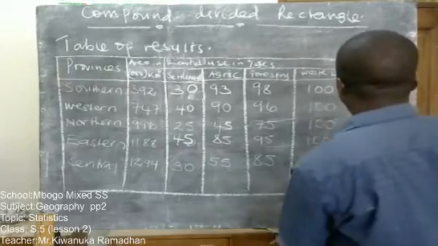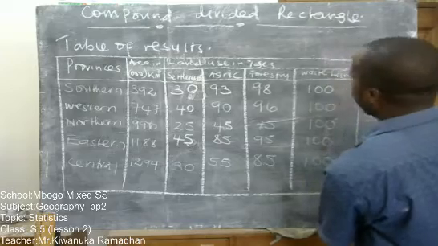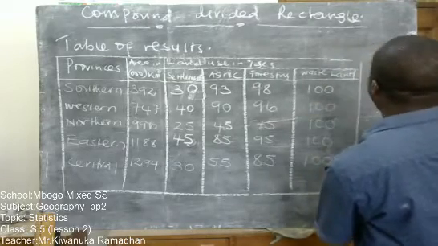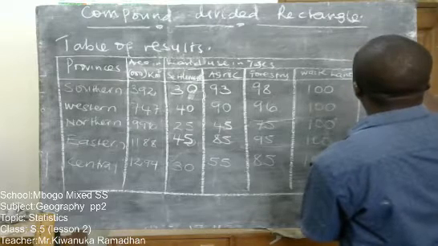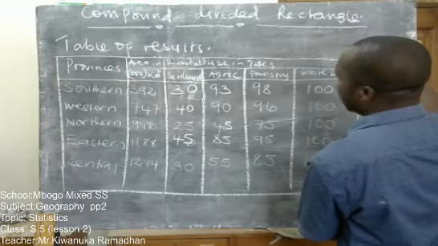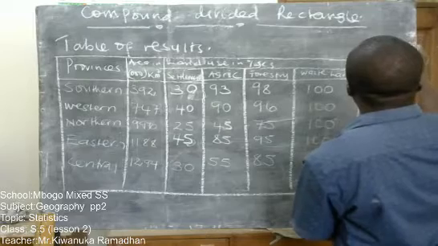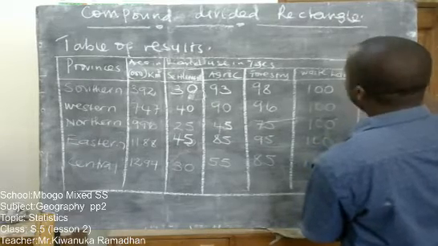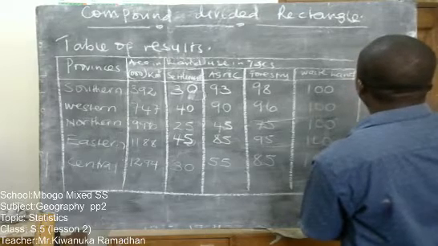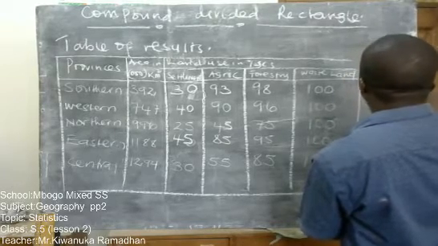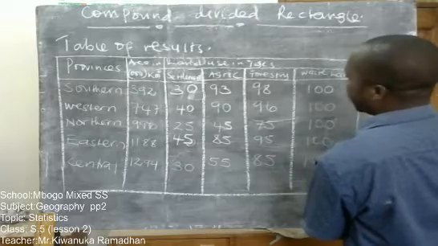Let me put a few values here, because from here I'm going to rub here. Southern, it is going to be 392, Western 747.